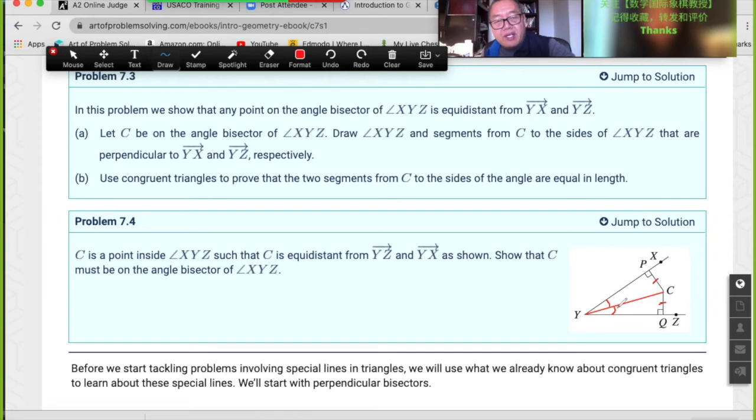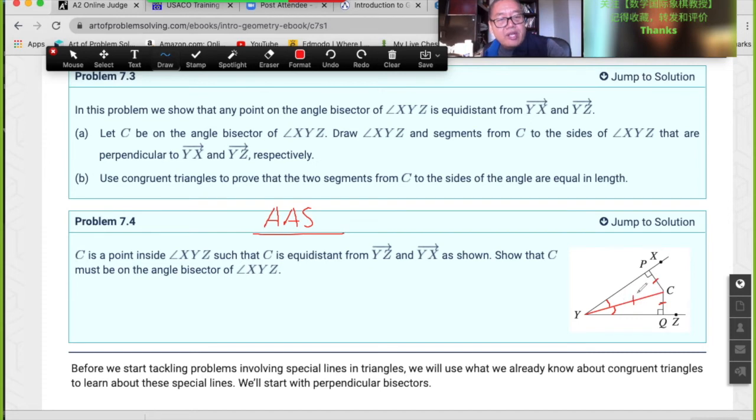So we have this angle equals this angle. And this angle equals this angle equals 90 degrees, right? Then we have the side YC shared by these two triangles, right? So then we can use angle angle side, AAS, to prove these two triangles are congruent.